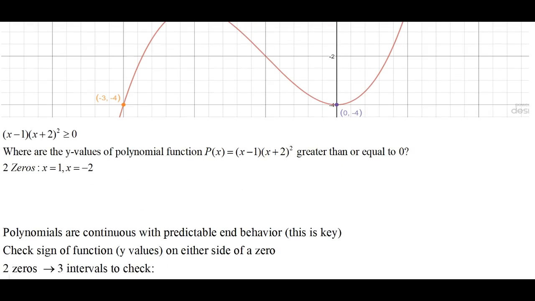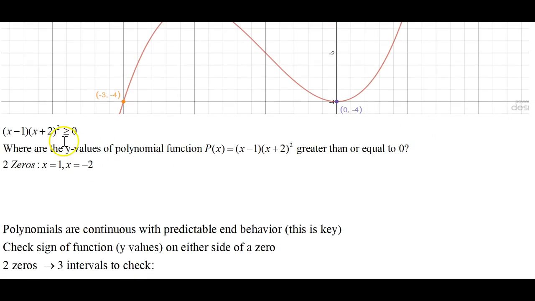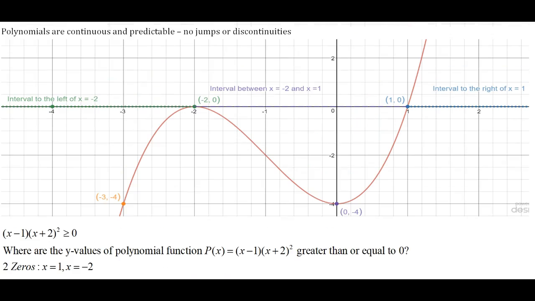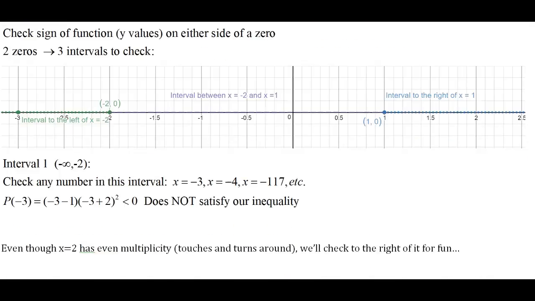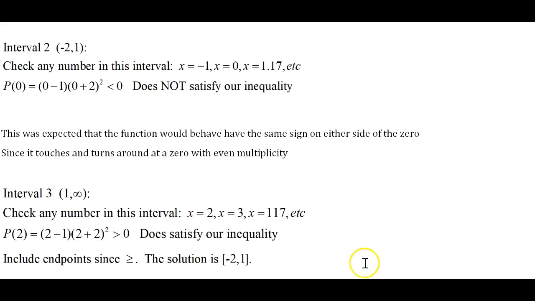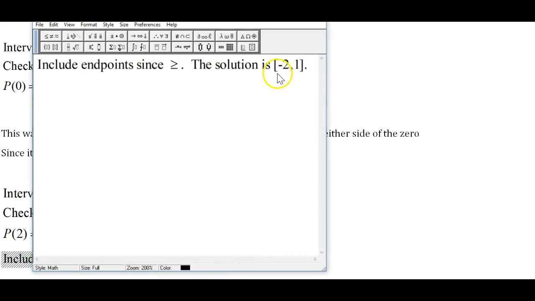Now notice that our inequality was greater than or equal to 0. So that means that I include the endpoints. Again, I messed this up, but I'm not going to redo the video because videos take quite a while to do.